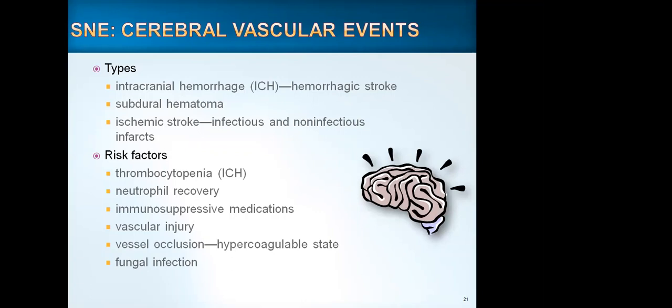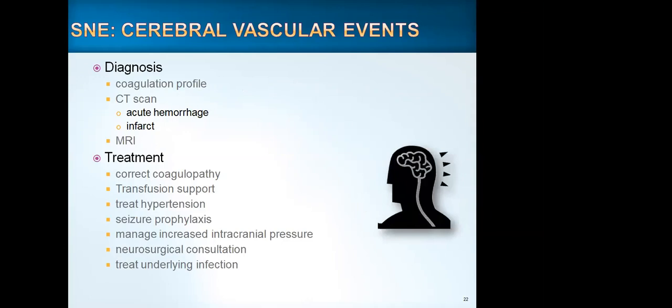Risk factors: thrombocytopenia, as most of our patients have low platelets, neutrophil recovery, immunosuppressive medications, vascular injury, vascular occlusion, and fungal infections. Diagnosis: coagulation profile, CT and MRI. Treatment: correct the coagulopathy, transfusions, treat hypertension, seizure prophylaxis, manage increased intracranial pressure, neurological consultation, and treat the underlying infections.